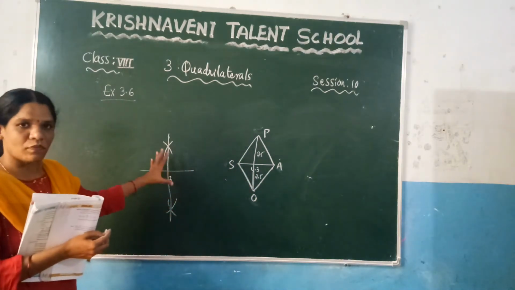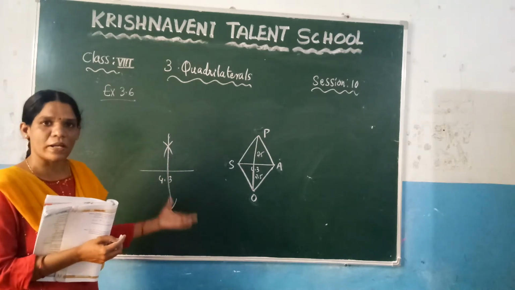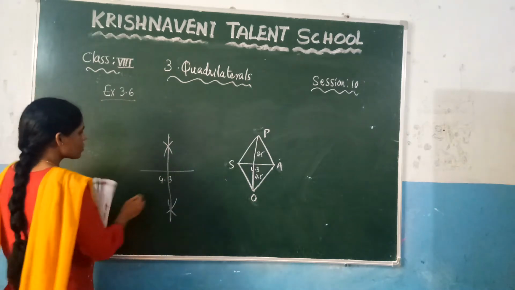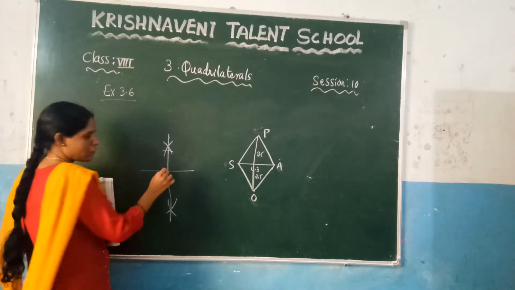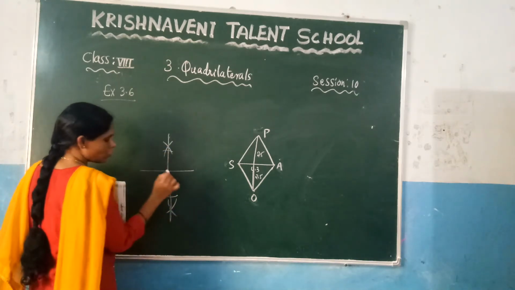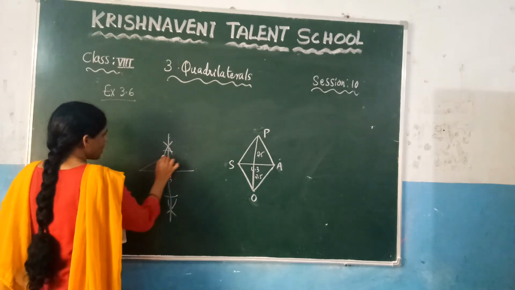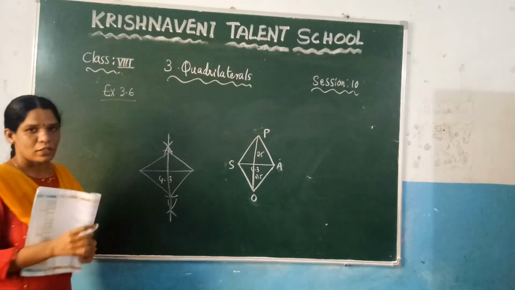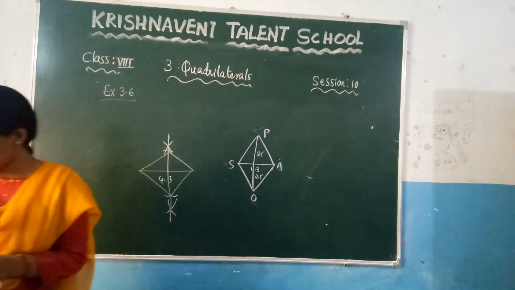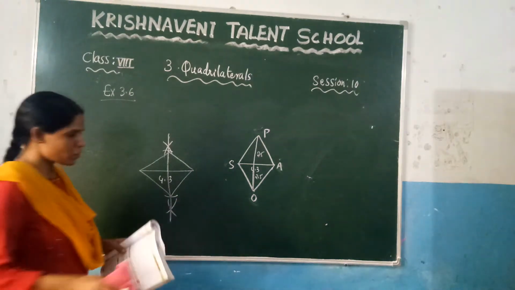And because it is 5, what is half of 5? 5 by 2, which gives you 2.5. So at this point, with the 2.5 radius, draw one arc, and here also 2.5, draw one more arc. Now join this, so that you will get the rhombus. Now this one you can do as homework.